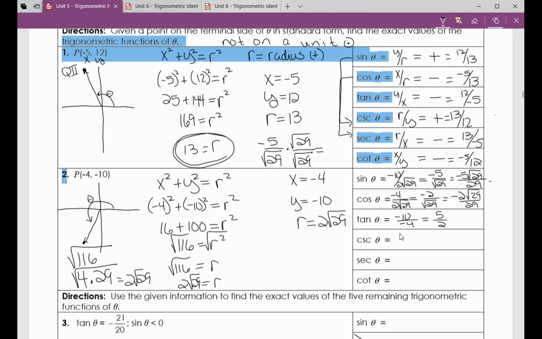So I'm going to grab my r, which is 2 square roots of 29 over negative 10. Since the radical is in my numerator, I don't have to move it, but I do need to reduce 2 and 10. So that becomes square root 29 over negative 5.